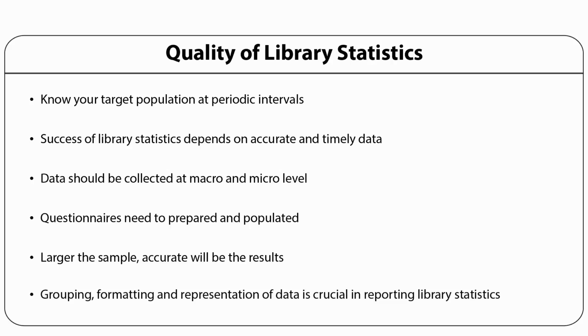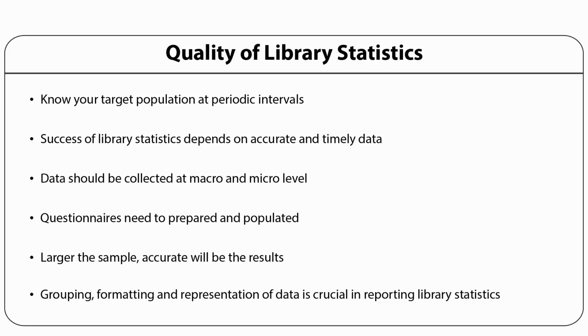Grouping, formatting and representation of data is crucial in reporting library statistics. When you are putting in circulation data, it means all data like book usage, number of books issued, number of books returned, time taken to issue one book, time taken for one book to be processed and put on the shelf, and how much time you took for shelving the books.